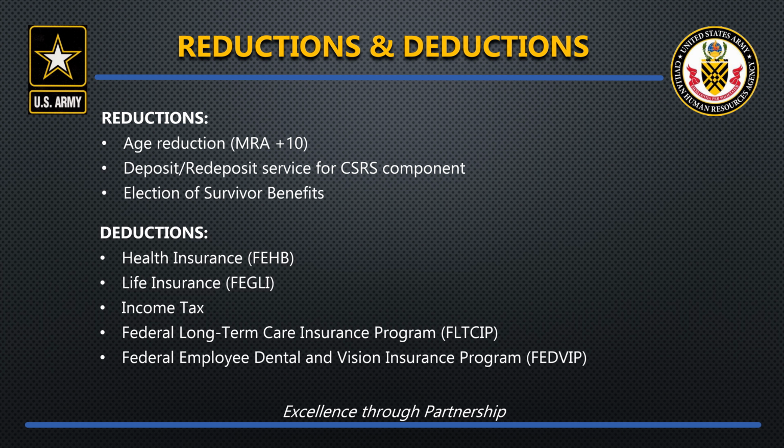Deductions are completed after taxes and include your health and life insurance premiums. This is a change from the typical pre-tax deductions during your federal service. Your federal tax and any federal long-term care insurance and dental or vision premiums are also after-tax deductions.